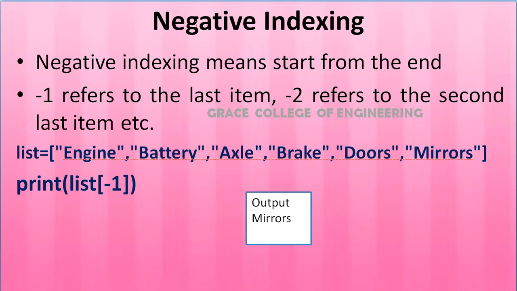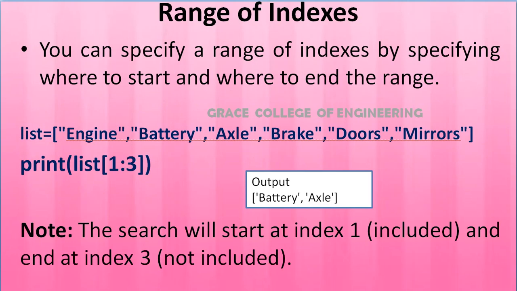Then how to use negative indexing. Negative index always starts from the end. So the last value will be -1. The list is created by using some elements. Then print list of -1. The output is mirrors. Then how to use a range of indexes.